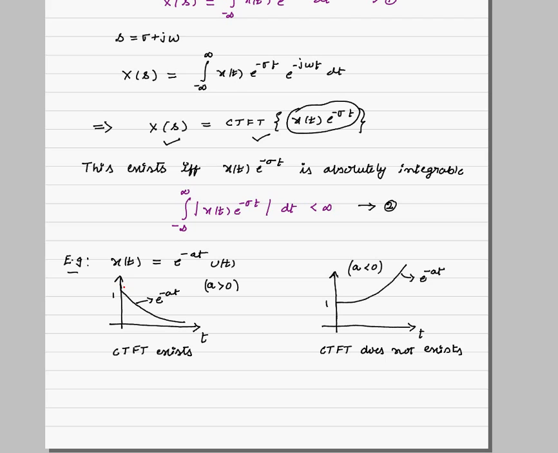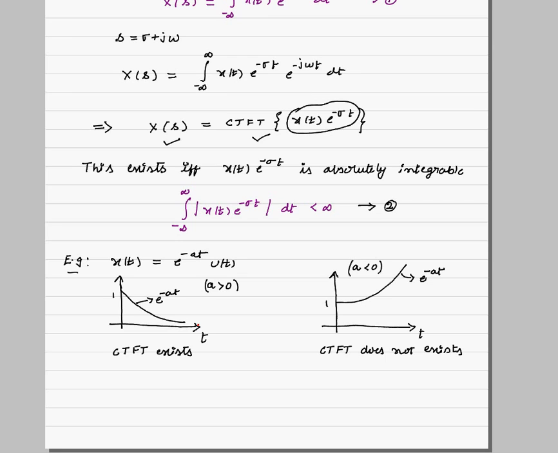But the decaying one will converge, so it is absolutely integrable and its Fourier transform exists. But for the Laplace transform, both of these signals will have one, so we can assume that the Laplace transform of a signal is just an extension or generalization of the Fourier transform of that signal.